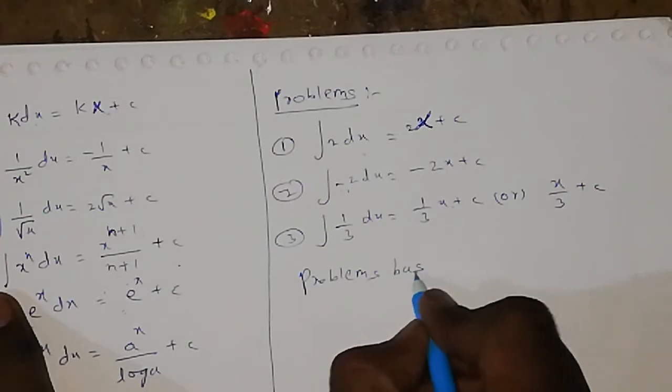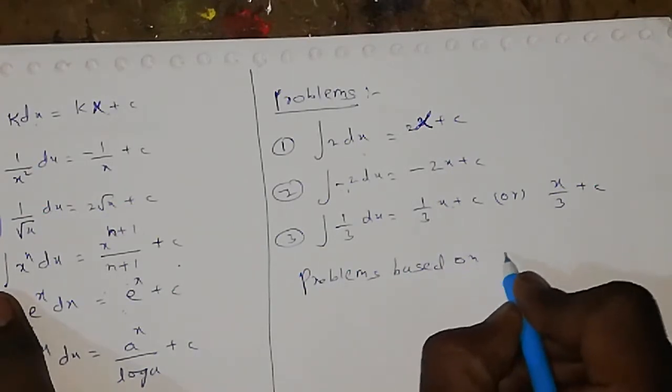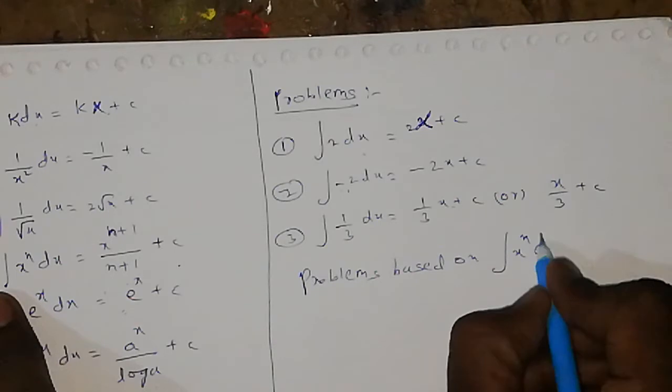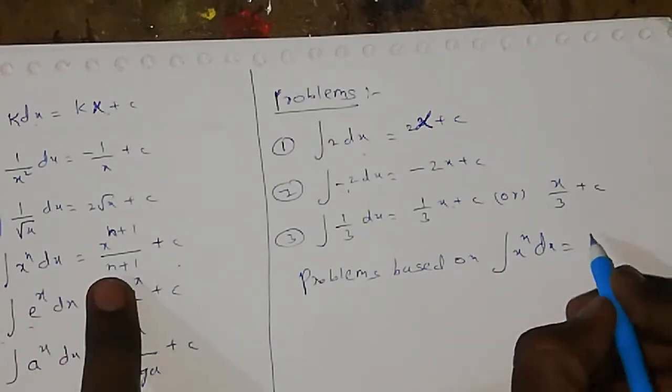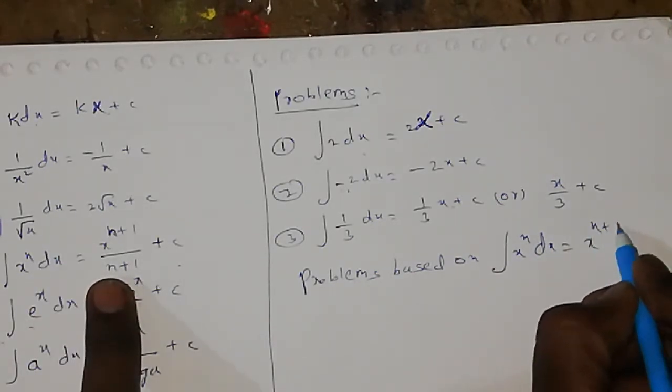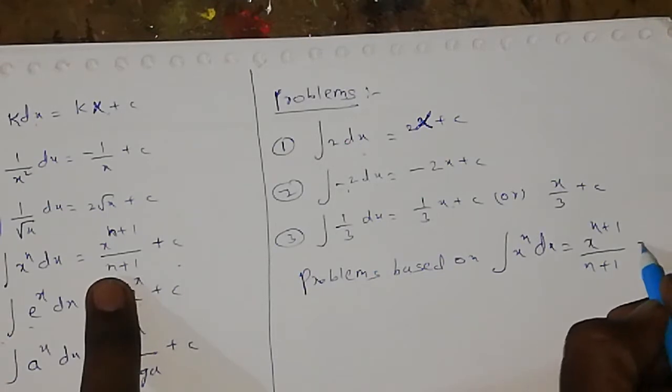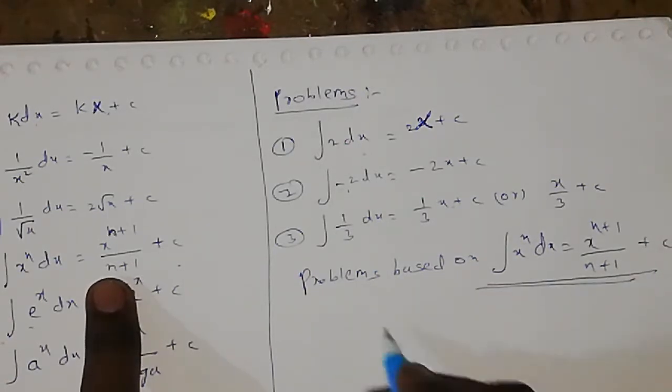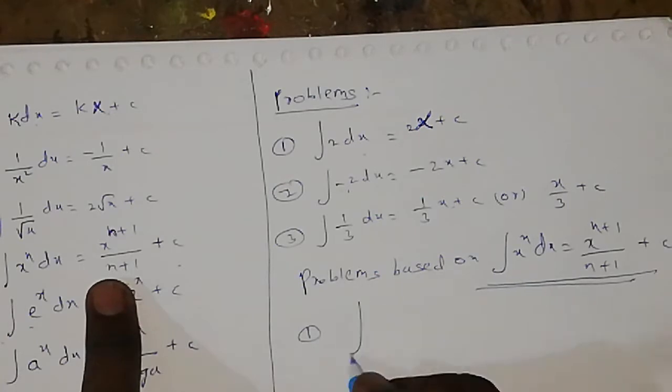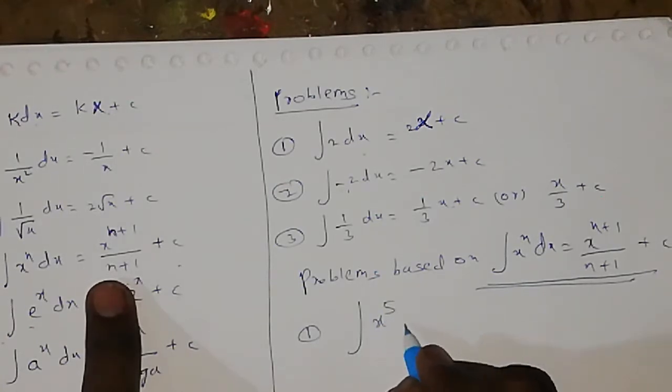Right? Next, now I'm going to explain the formulas related to x power n. Problems based on integration of x power n dx. What is the formula? X power n plus 1 by n plus 1 plus c. Suppose integration of x power 5 into dx.